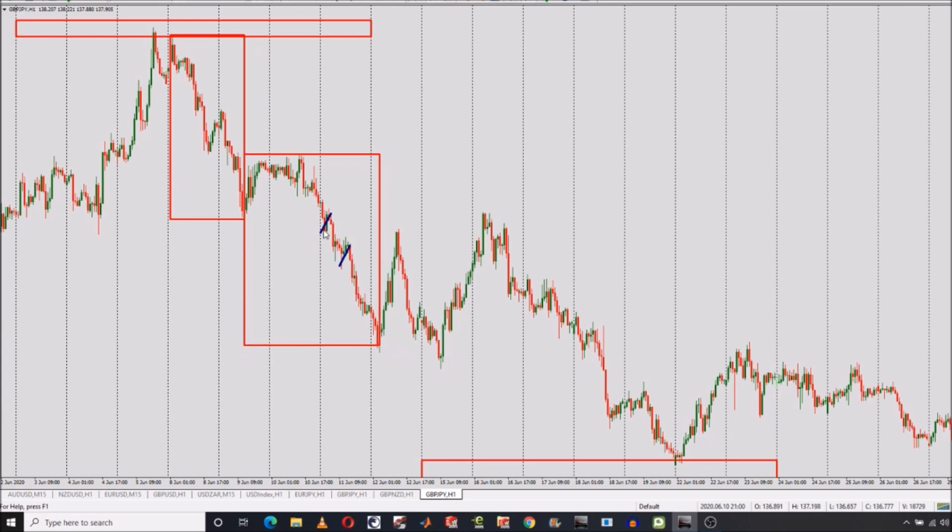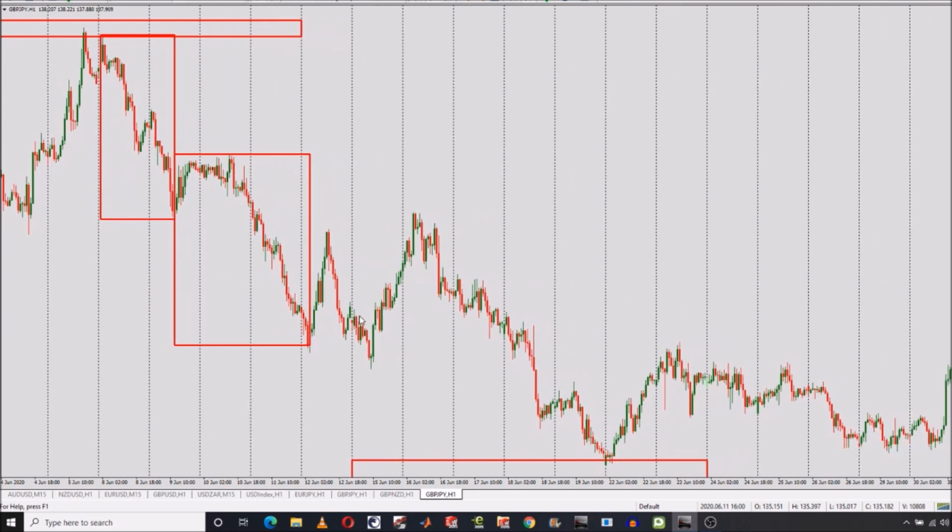As I said, whenever a level is complete, we expect a pullback or a consolidation. From this point, we had a consolidation phase where price kept on ranging within the same region.